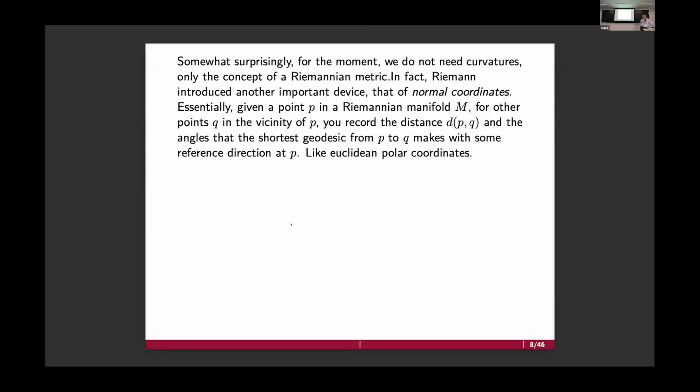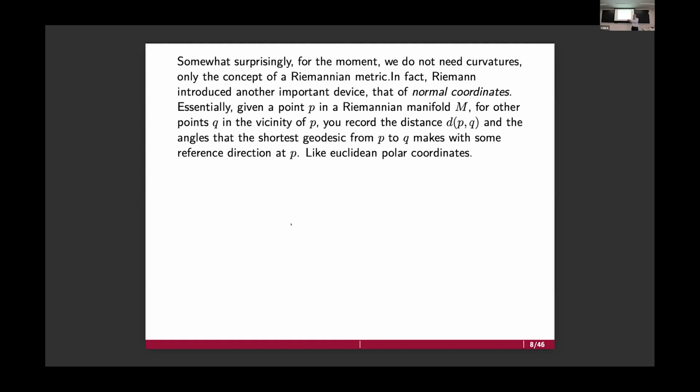But Riemann introduced another important device, namely that of normal coordinates, and that is kind of an inspiration. So you sit at a point that might be a sample point for our data, and then you look towards the other points, towards the points in the vicinity, because only there you have a unique geodesic, a unique shortest connection.